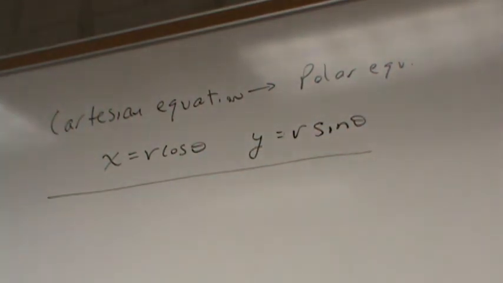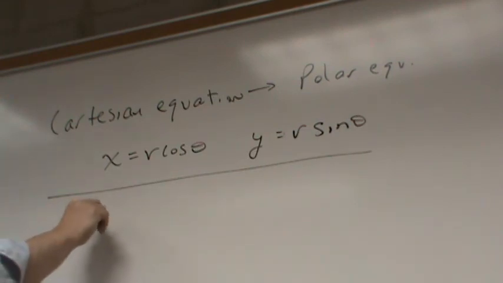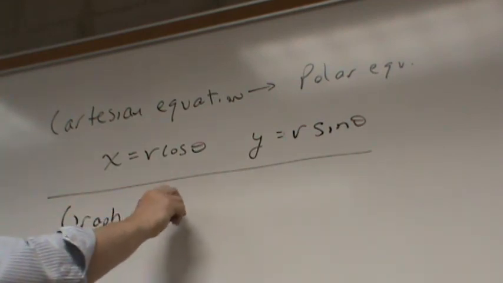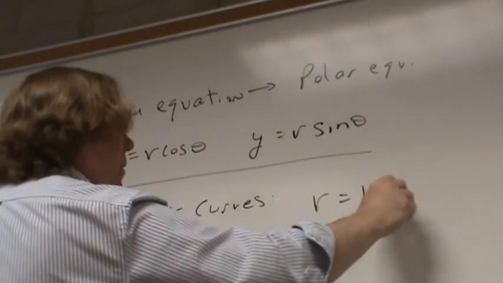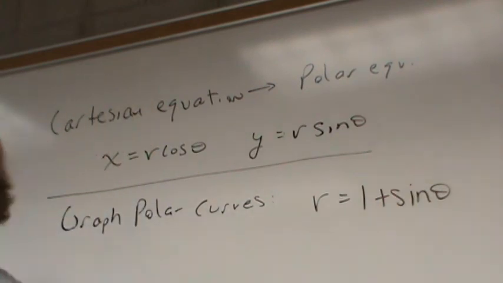Okay. So just make those substitutions. And then the last thing, when you graph polar curves, like let's say I had a polar curve r equals 1 plus sine theta. You know what I would do if I were you?